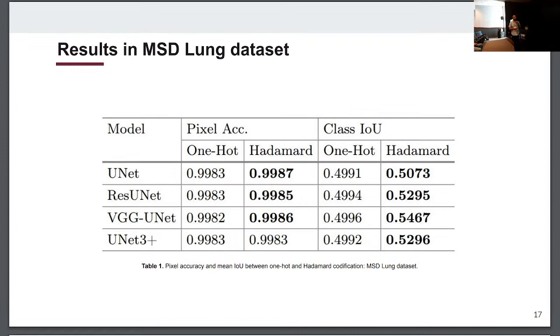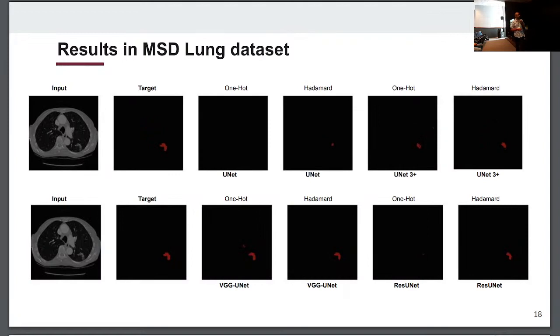Here we can see the table for the lung task of the Medical Segmentation Decathlon, and we can see a better performance in each model that we tried. In the next image, if you don't see anything, it's because the model didn't get anything from the traditional training.